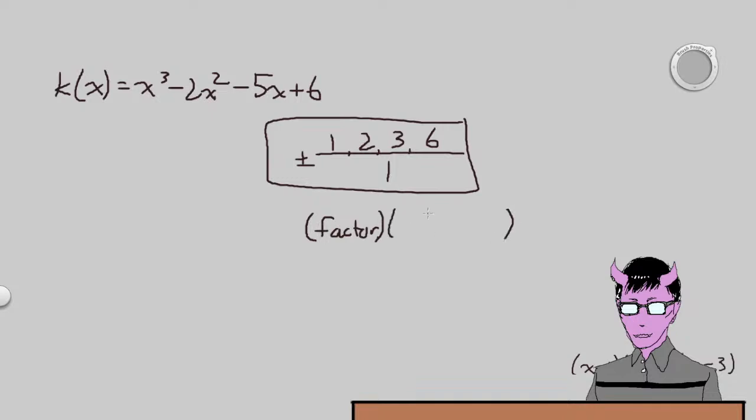And if you take that one factor we're trying to figure out using these numbers, and we multiply it to the rest of the function, then we should generate k of x. So that is the main idea of what we're doing. So again, when we're talking about these ones, we're trying to generate this particular factor. So if we multiply the factor, then we should get back to our original k of x function.